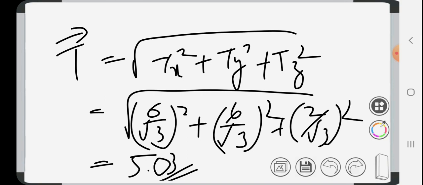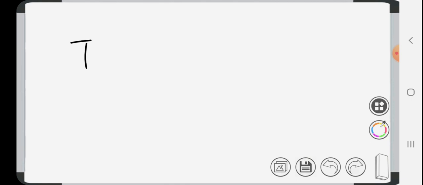So this is the stress vector. Now if you want to calculate the normal component and shear component, what will you do? I told this stress vector magnitude is 5.03, right?